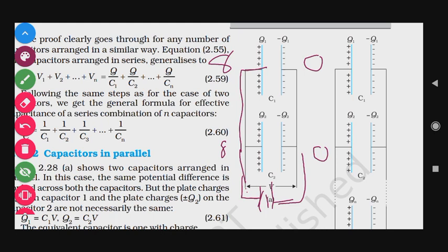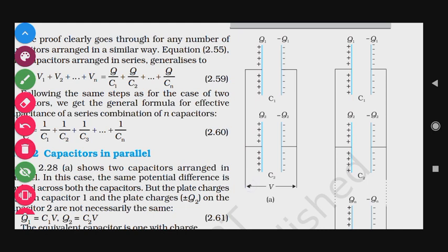Another way of looking at it: suppose I have to move a charge. What is potential difference? It is the work done in moving a unit positive charge, or the energy per unit positive charge. When I connect a battery, suppose this is 8 volt. That means the potential difference between these two points is 8 volt. That is, in moving a unit positive charge across this whole circuit, 8 joule of work will be done.